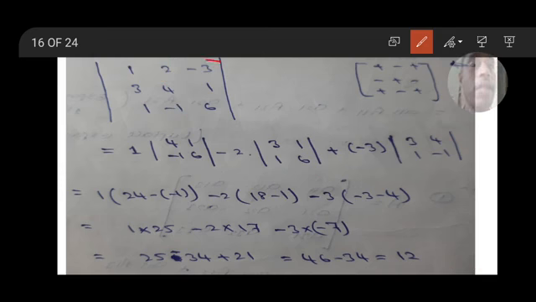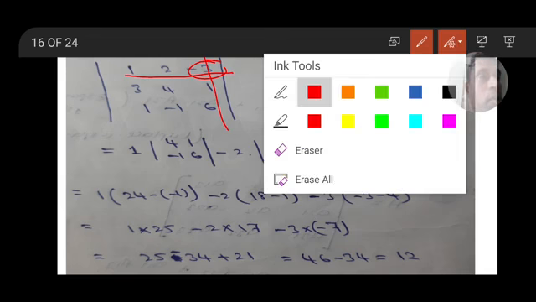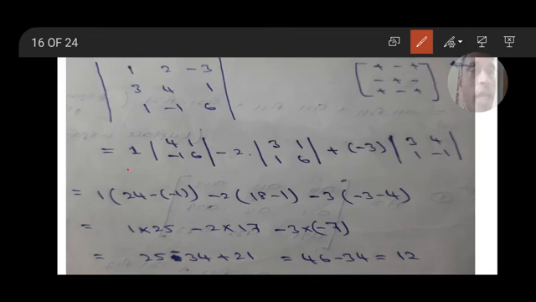Next, plus minus 3 into its minor, next row and plus. Minor means calculate 3, 4, 1, minus 1. So simplify: 1 into its minor, minus 2 into its minor, plus minus 3 into its minor. 1 into AD minus BC, 2 by 2 determinant: 4 into 6 is 24, minus 1 into 1, so 24 minus 1.